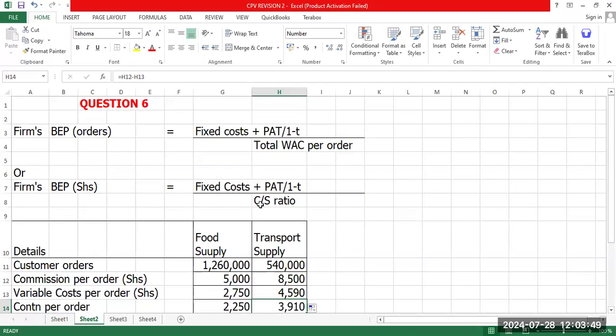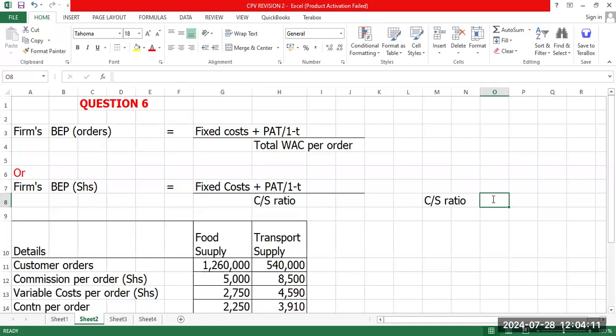So we need the contribution sales ratio. I want to use this formula. How do you get the contribution to sales ratio? We have different ways.